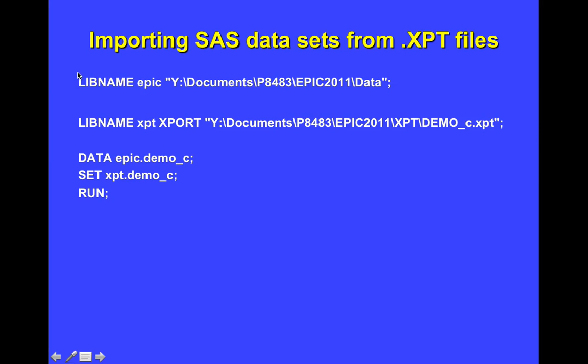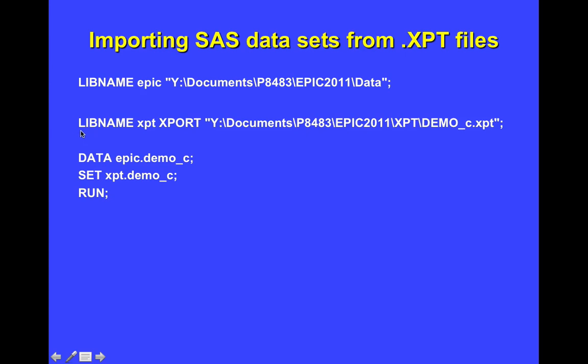Usually if you've already run a libname statement previously in your code, you may already have that existing. And if not, you should just specify the libname statement at the time that you want to save the SAS data set from the export file. So in this example, I'm creating a SAS data library named Epic, using a libname statement, no different than what we've done previously.